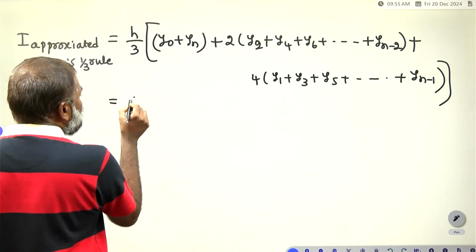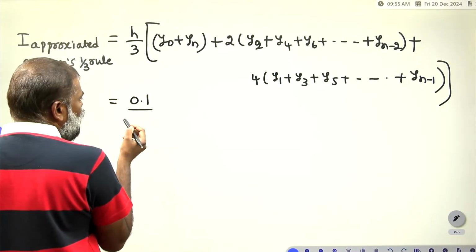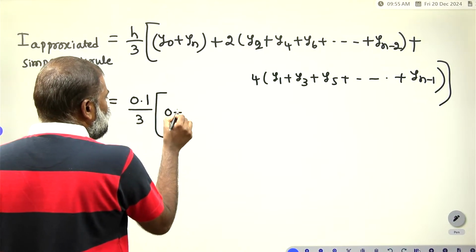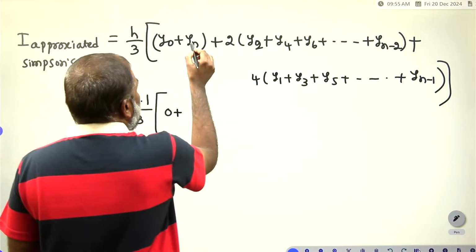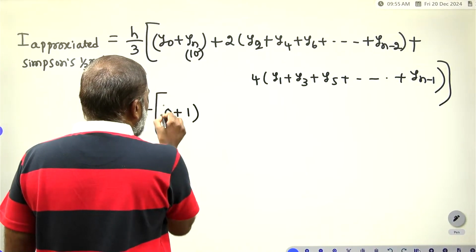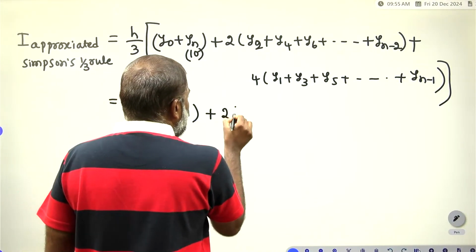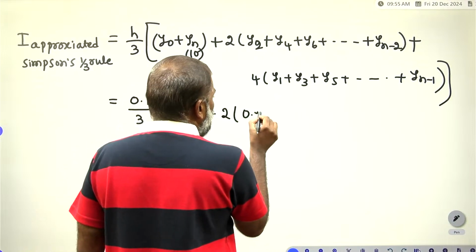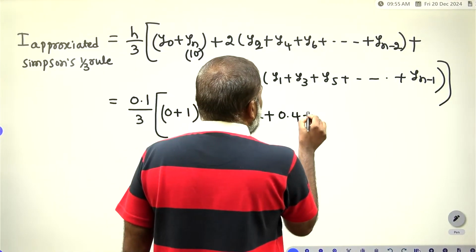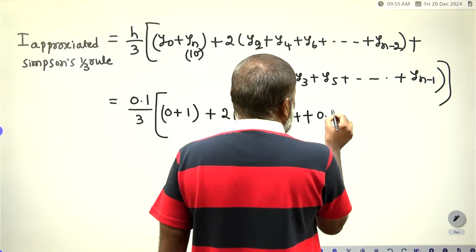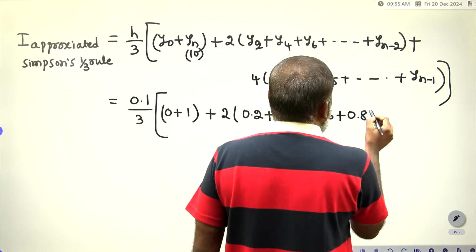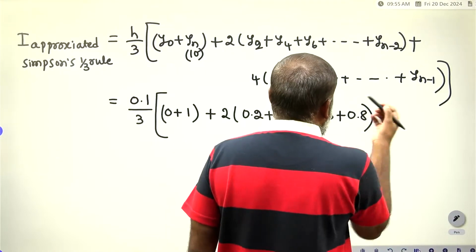Here h is equal to 0.1. y0 is equal to 0. yn means y10, the last term, which is 1. So 1 plus 0, plus 2 into y2 is 0.2, y4 is 0.4, y6 is 0.6, y8 is 0.8.